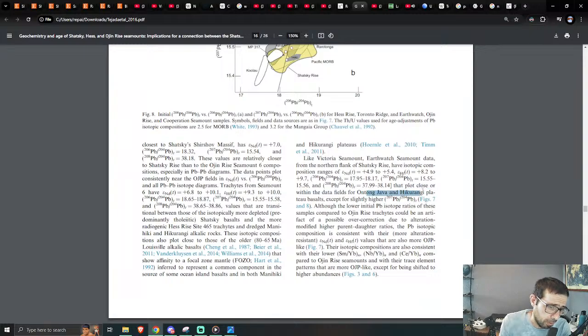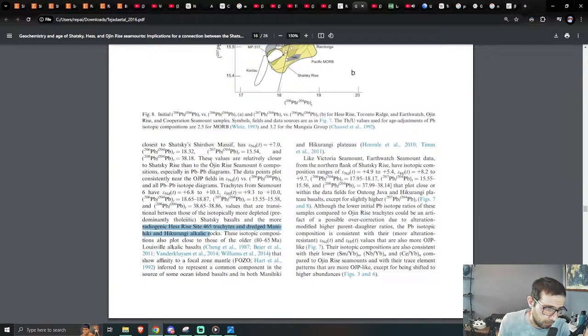So what I was getting at is there are certain rocks they're finding associated with specifically radiogenic Hess Rise site and dredged Manihiki Hikurangi alkalic rocks, not Shatsky Rise, not Shatsky basalts, transition between the isotopically more depleted Shatsky basalts and these other things.